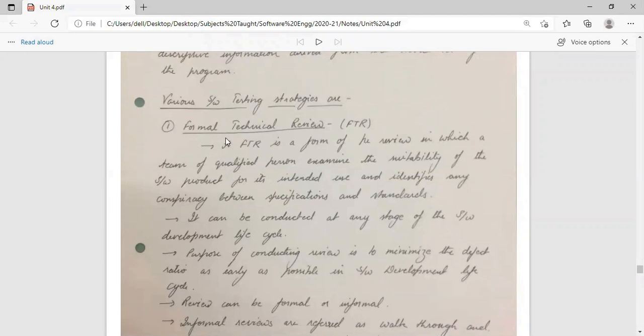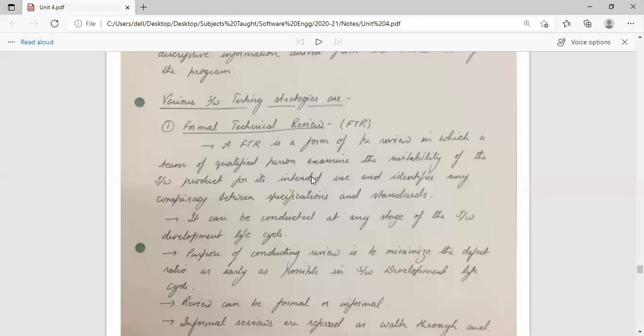So various software testing strategies are, first one, FTR, that is formal technical review. What happens in FTR? FTR is just a review in which a team of qualified persons examines the suitability of a software product for its intended use and identifies any discrepancy between specifications and the standards.